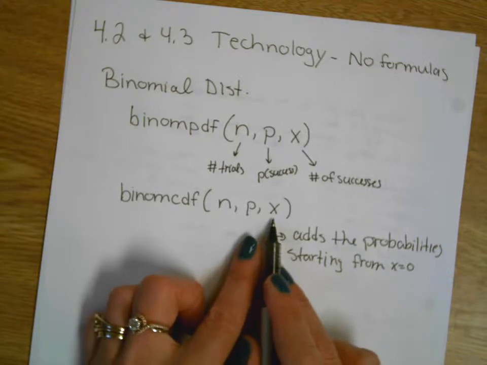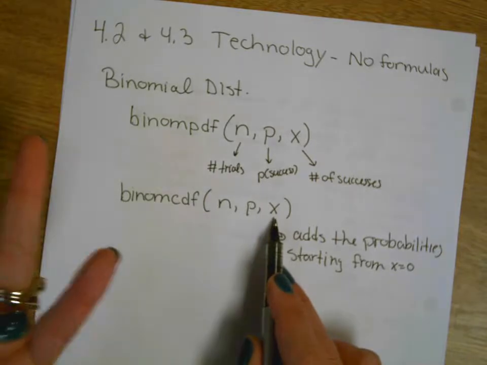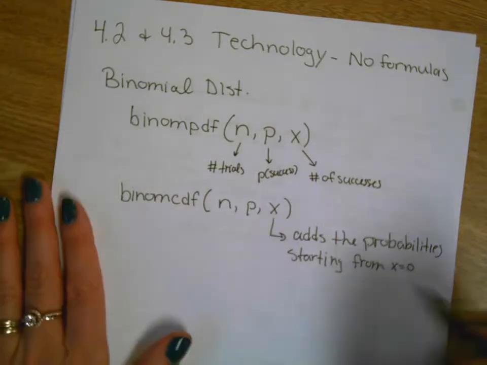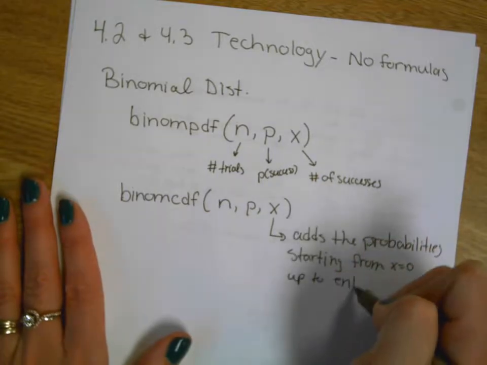So if you were to put a 3 in there, it would add p of 0 plus p of 1 plus p of 2 plus p of 3. So it starts at 0 and stops at this entered x.